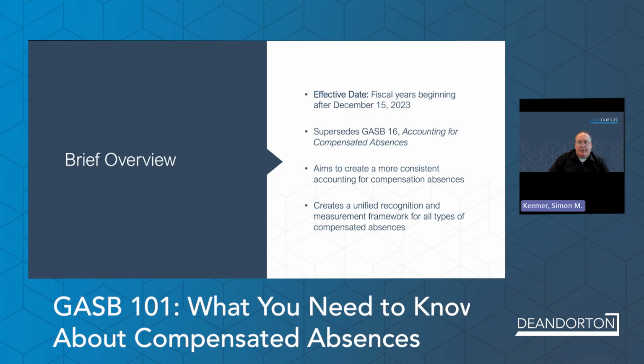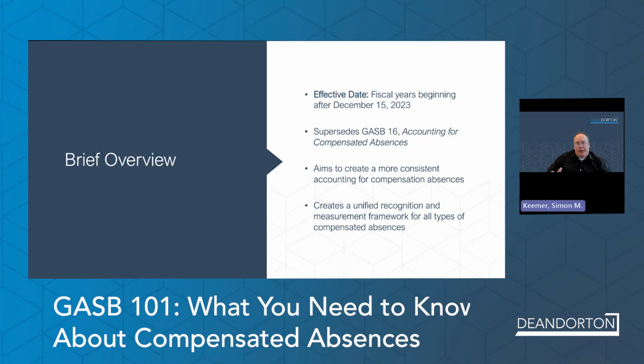It does supersede GASB 16. So any of you that want to understand what we are doing now compared to what we used to do, you can always go back and look at what GASB 16 said and see how it's changed. But we're not going to go through in detail this afternoon what the changes are between GASB 16 and GASB 101.